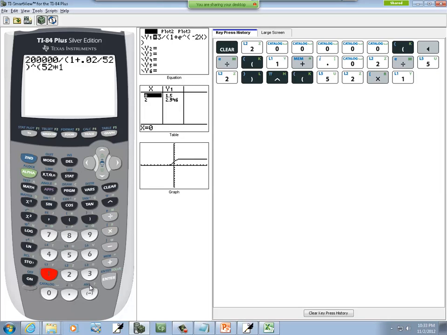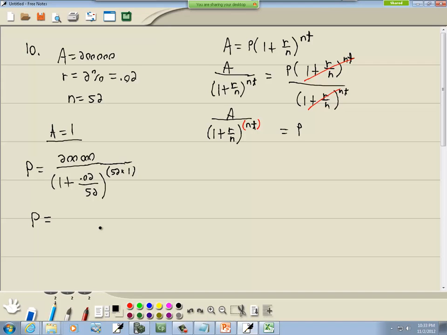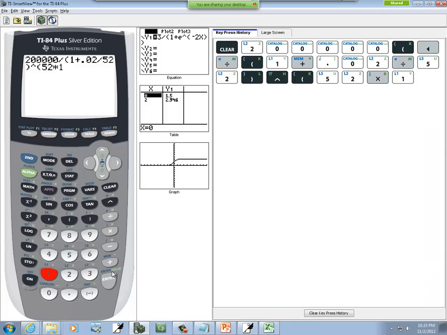I'll leave the closing parentheses off the end of that because you actually don't need it at the very end on a TI-83, TI-84. Let me double check everything. Yeah, it looks good. Press enter.